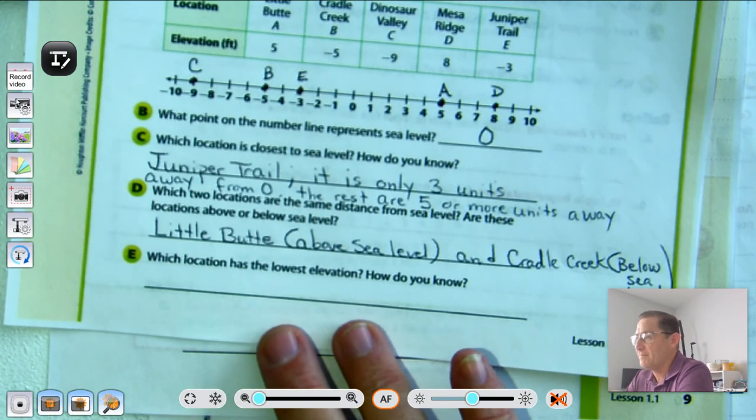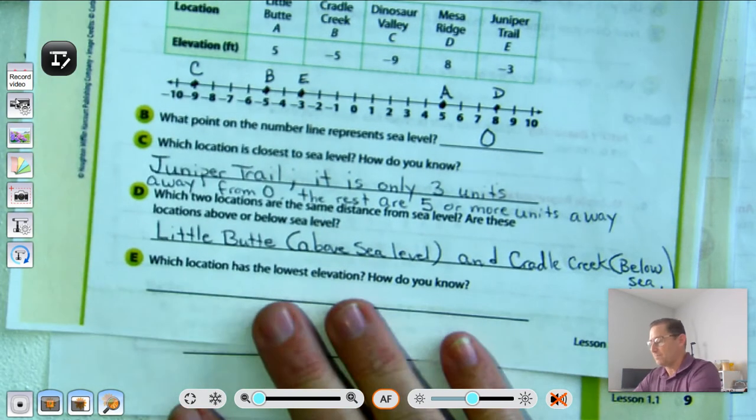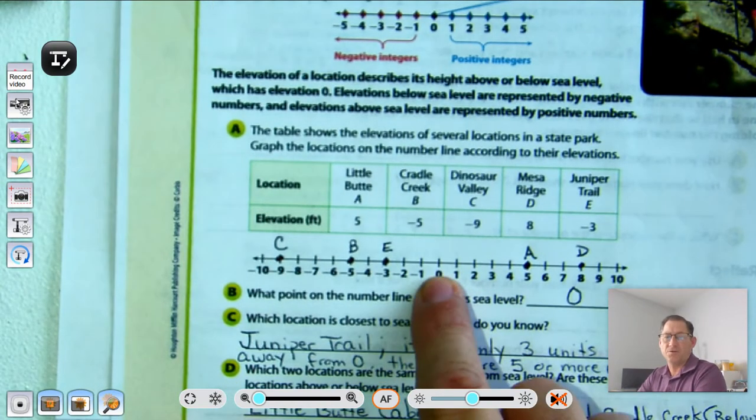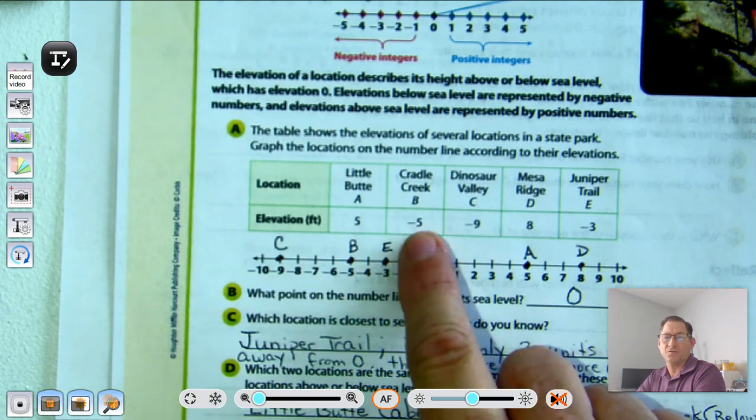Which location has the lowest elevation? All right, so the lowest elevation would be the furthest below sea level. So which one in the negative direction is furthest away from zero? Point C. So Dinosaur Valley.